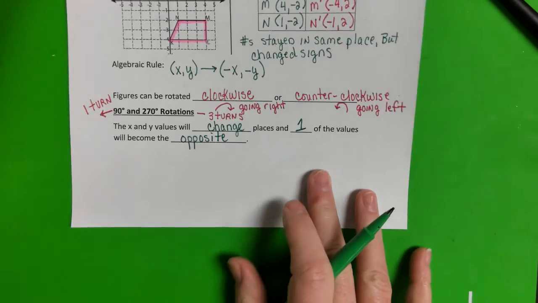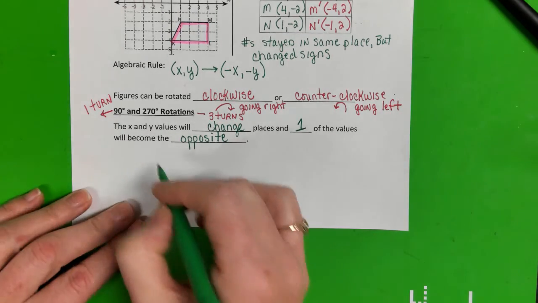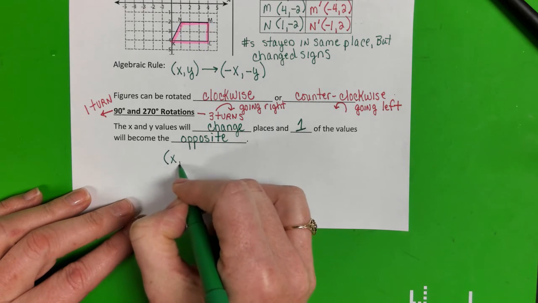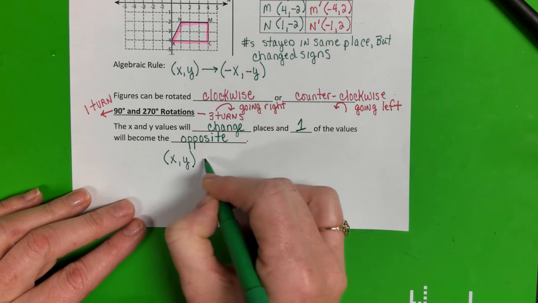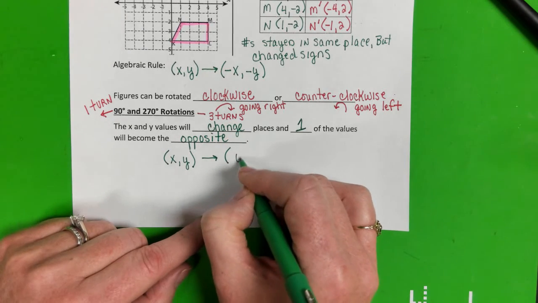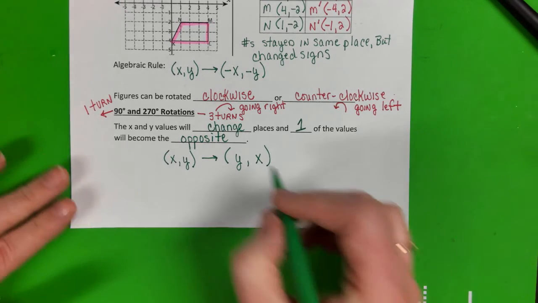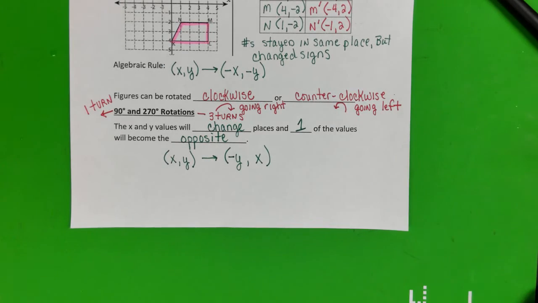So let me show you what I mean. You have 2 options that could happen for 90 degree and 270. We take the point, and the first thing is that x and y are going to change places, and then one of them is going to become the opposite. So that's one possibility.